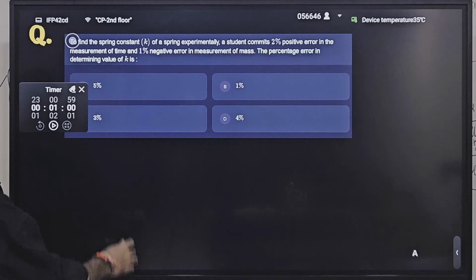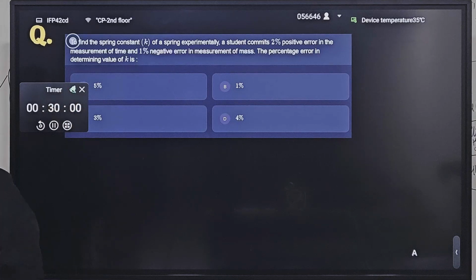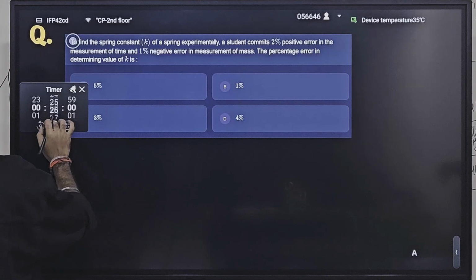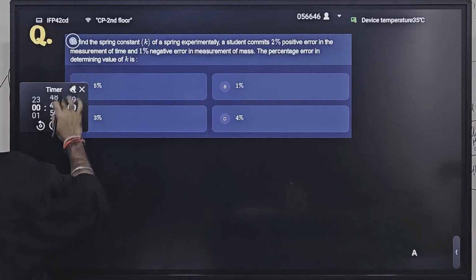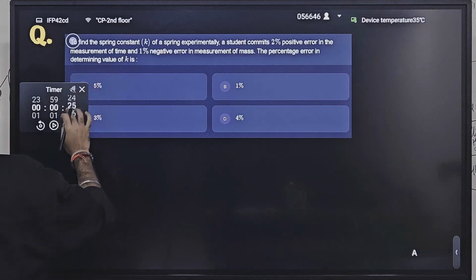Now solve this question. Again, error. 30 seconds are sufficient, just for this question. Try to solve it. And this time you can easily solve this question also.